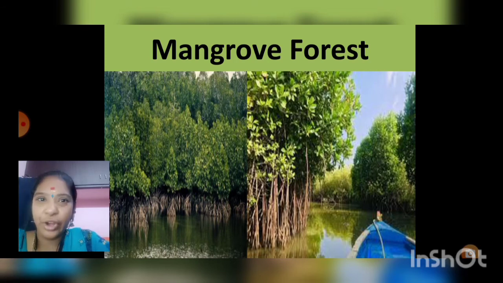But in this forest, the roots of the trees grow above the water level so that they can get air to breathe. So you can find the roots above the soil, where it is fully covered with water. You cannot go by walking; you have to use boats to reach the place.